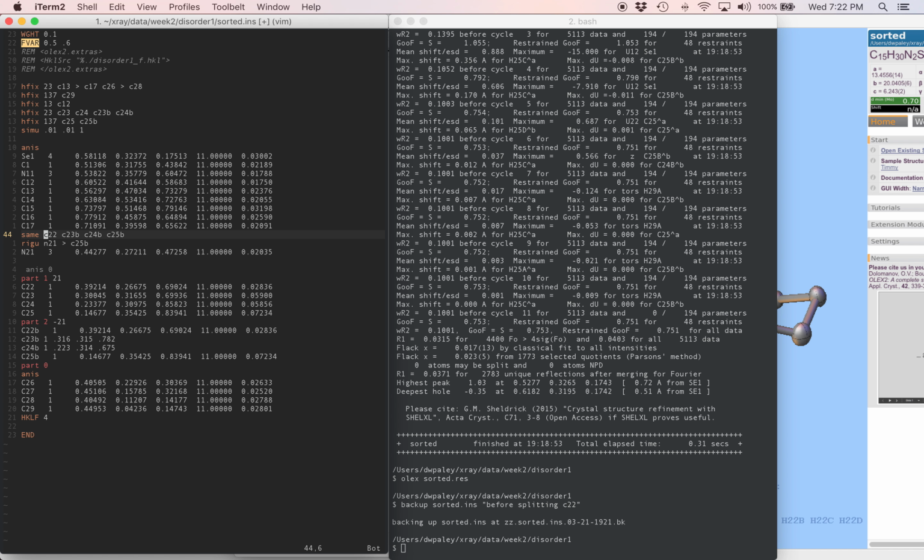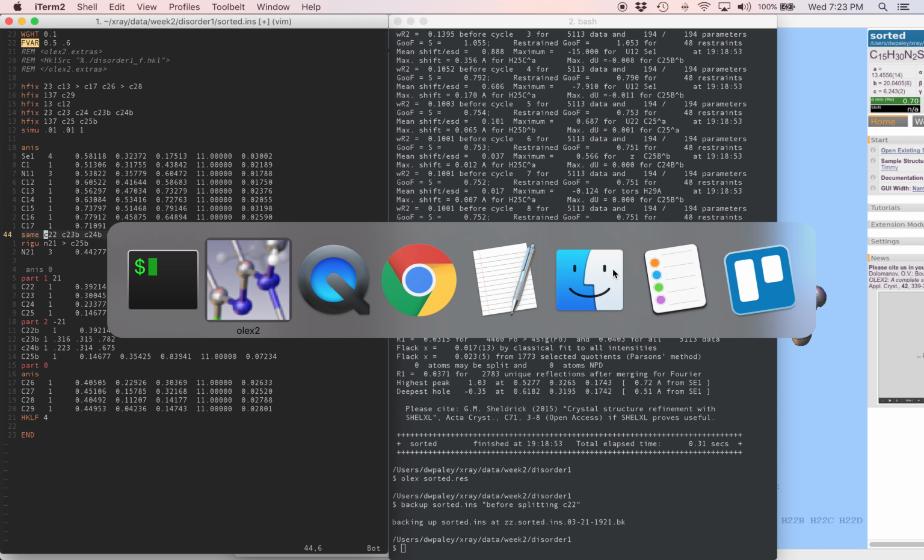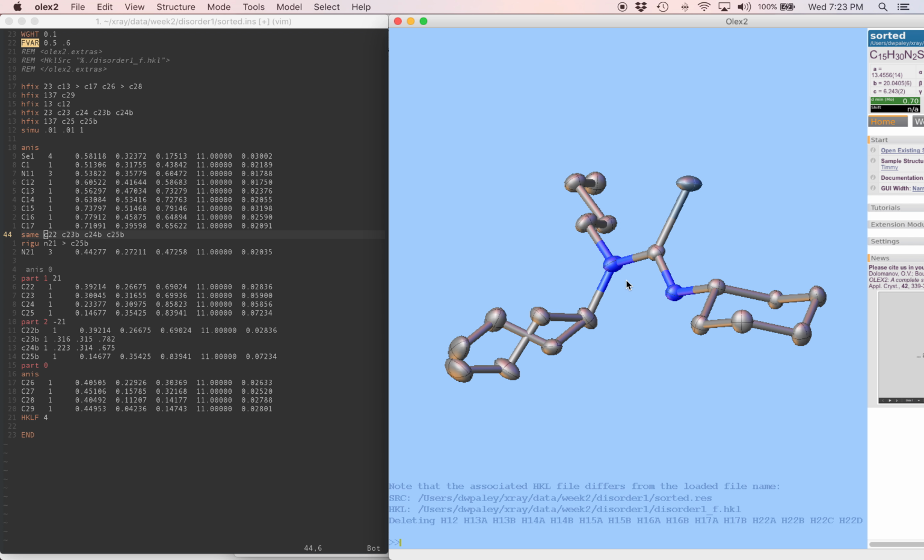So now what are we making the same? We have one position of this chain consisting of C22, 23, 24, 25, and nitrogen 21, the last ordered atom that it's attached to. The second position is nitrogen 21, C22b, which we're creating now, and 23, 24, 25b.